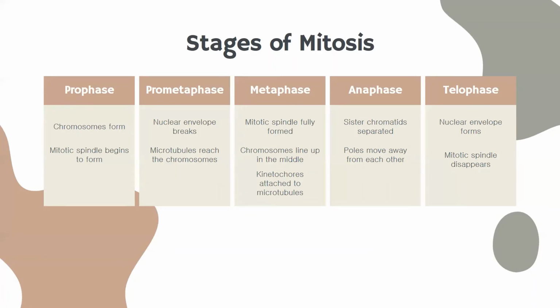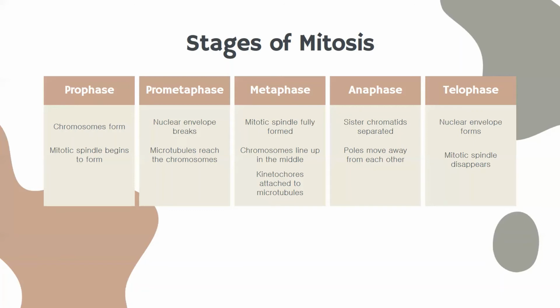In prometaphase, the most important part is that the nuclear envelope breaks, and then microtubules start to reach the chromosomes. And in the metaphase, the mitotic spindle is fully formed. Most importantly, the chromosomes line up in the middle, and the kinetochores attach to the microtubules.